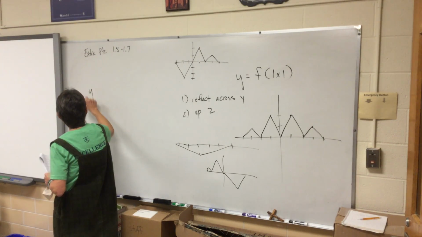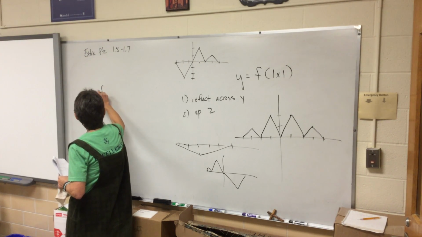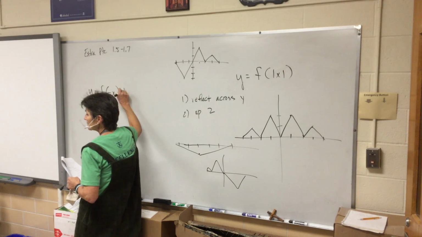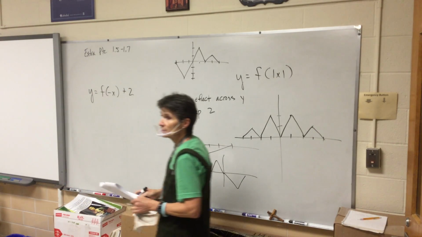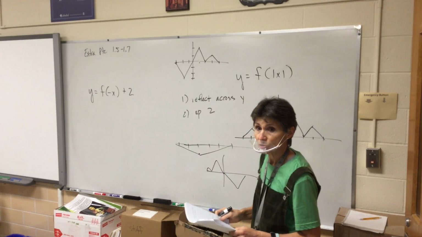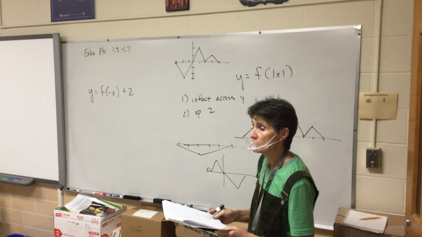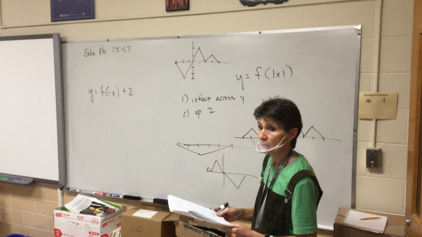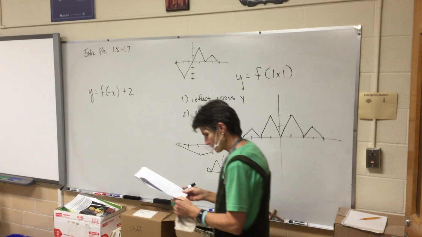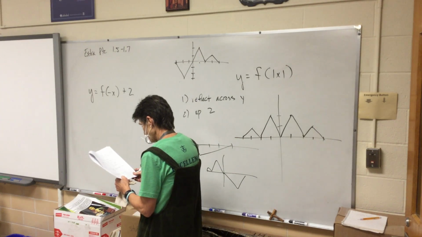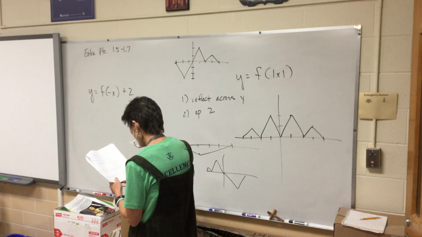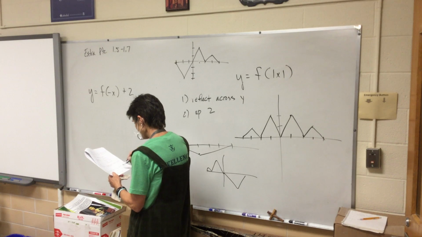Y equals what? F of negative x plus 2. Perfect. The negative inside is the one that takes you across the y-axis. Okay? Describing in words the transformations required to change this into this.